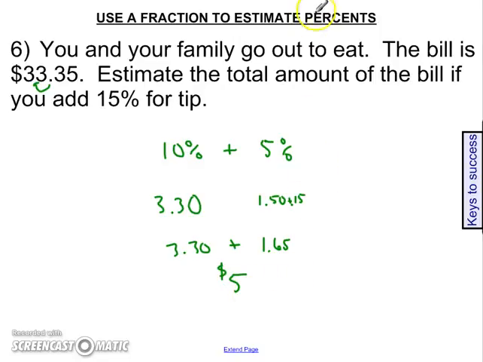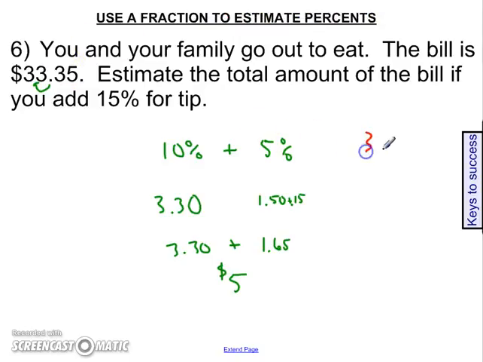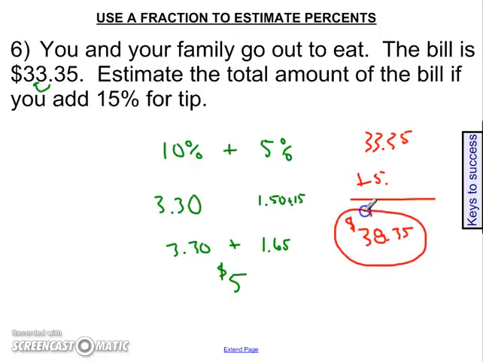So if I take my $33.35 and I add $5 to it, I'm at approximately $38, and 35 cents. And again, a lot of times you will just estimate your tip anyway and be close. So if you're around 38.35, that is approximately the price plus the tip.